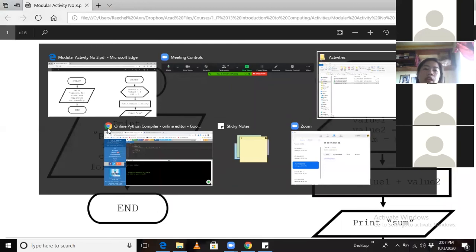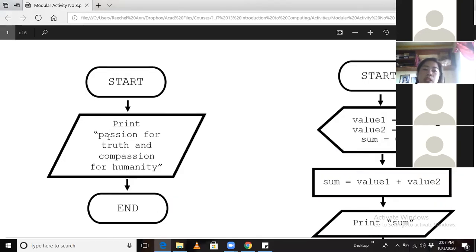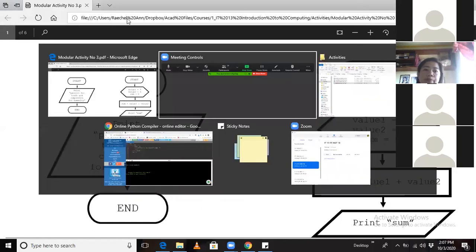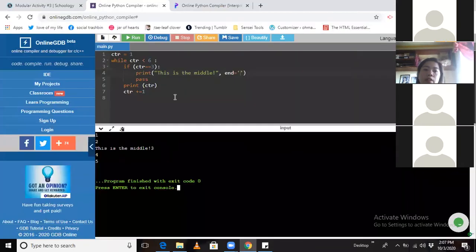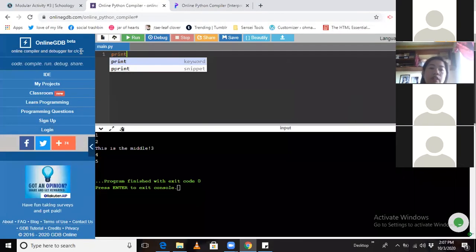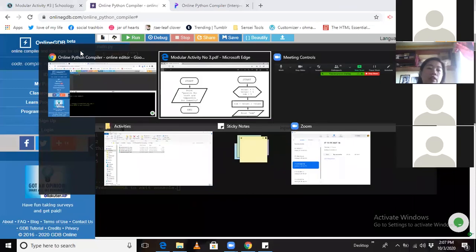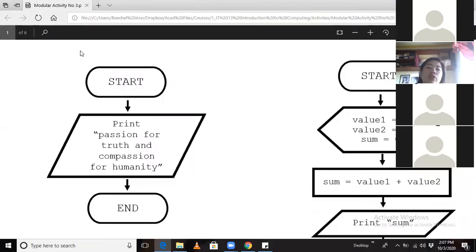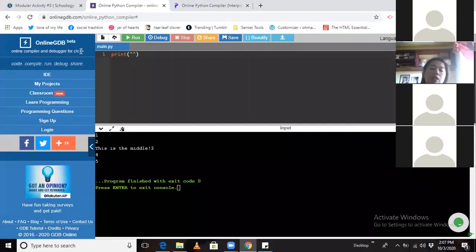So ang ginagawa lang niya is, we need to print. Sabi nga ni Gerald, we just need to print. Print. Ano sabi niya? Passion for truth and compassion for humanity.